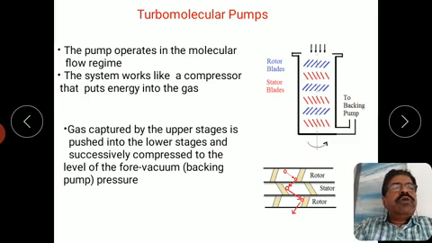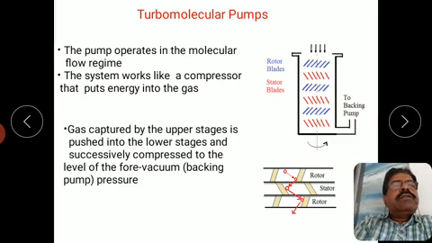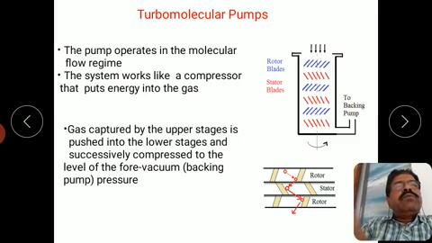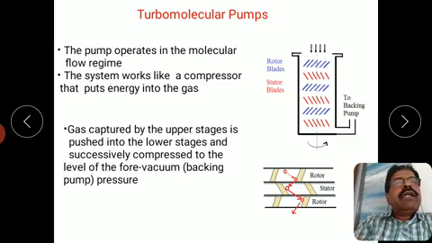This turbomolecular pump operates in the molecular flow regime. In the earlier module, the second module on vacuum physics, you studied two regimes, the viscous flow regime and the molecular flow regime. The viscous flow regime is near atmospheric pressure, where the gas molecules are in random motion, and the viscous force is very much active.